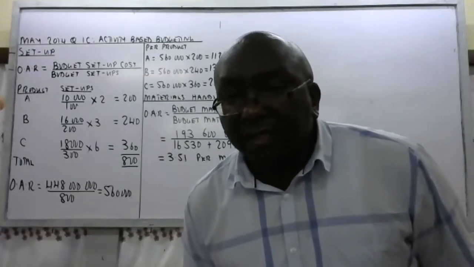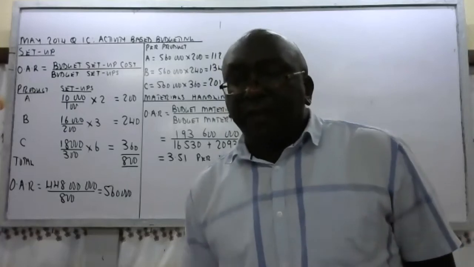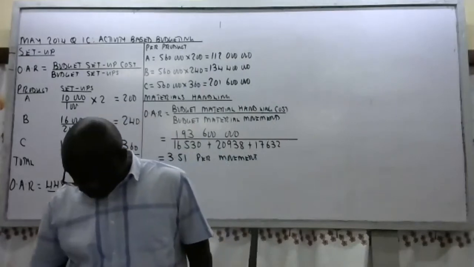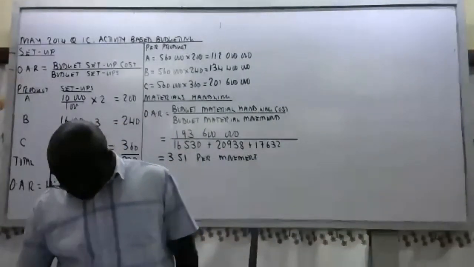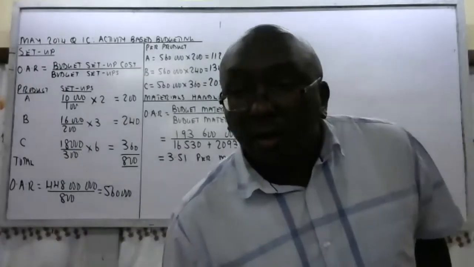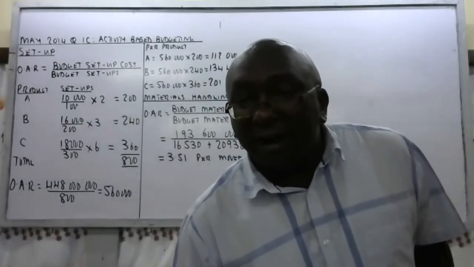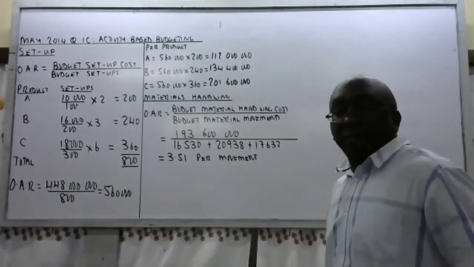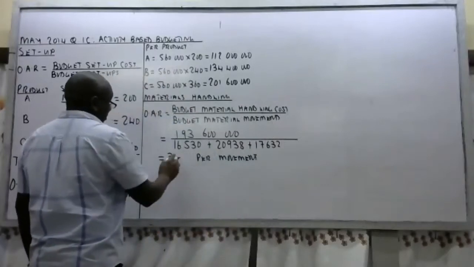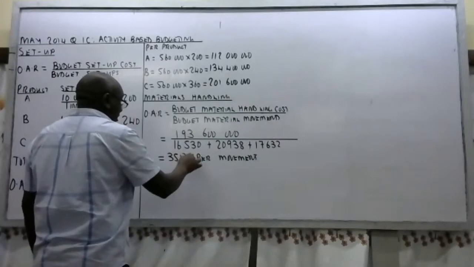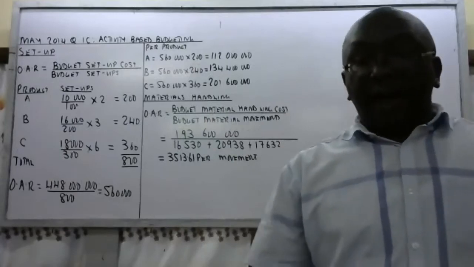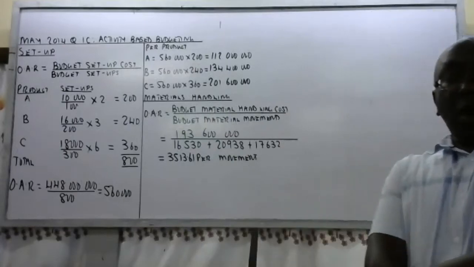Jack is saying that 3,513.61. Churchill is also saying 3.51. June has revised. I think the most popular is 3,513.61. Churchill also confirmed yours. 3,513.61.